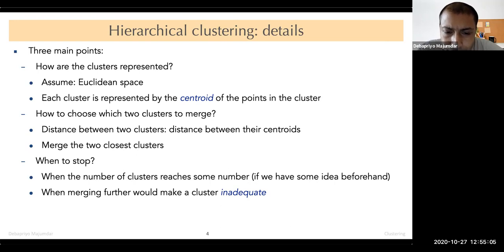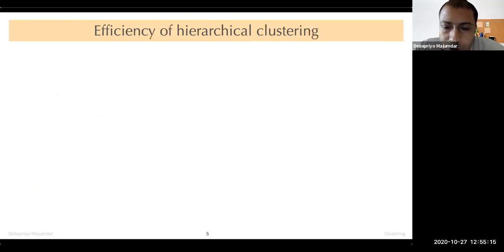Obviously some mathematical calculation has to be there. It cannot be just eye estimation like we did in the previous slide. So we'll look at different options for this. But before going into that, let's quickly look at the efficiency issues of hierarchical clustering.